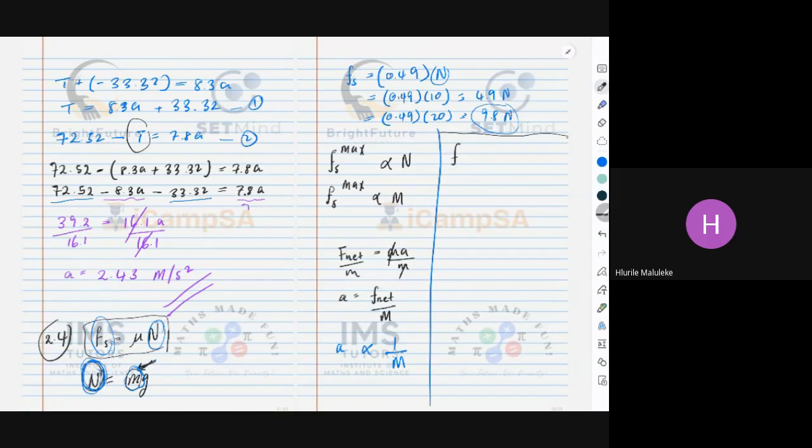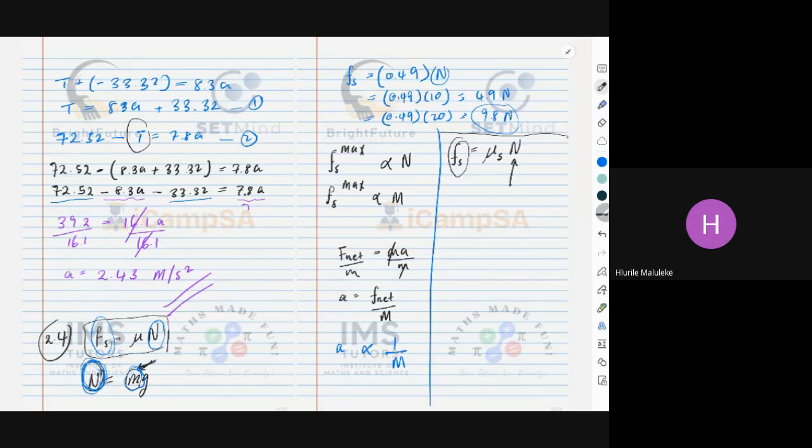You have your Fs here, it's equal to mu s times N, right? So in this case, if you increase the normal force, that means I'm going to have more static friction.